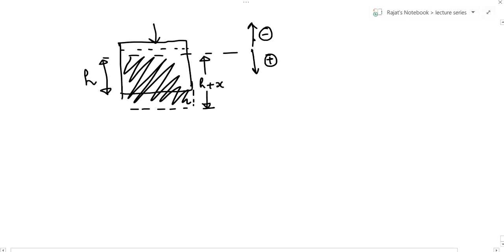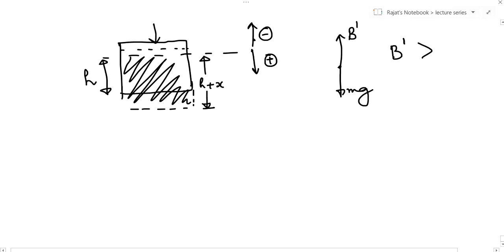Since the volume of submerged solid has increased, the volume of displaced liquid will increase. Since the volume of displaced liquid has increased, the mass of displaced liquid is increased. If mass is increased, the weight of the displaced liquid has increased, and so the buoyant force on the solid also increases. So now the new buoyant force B dash, mg will remain the same, the weight of the solid.